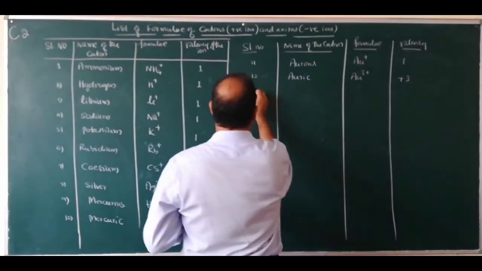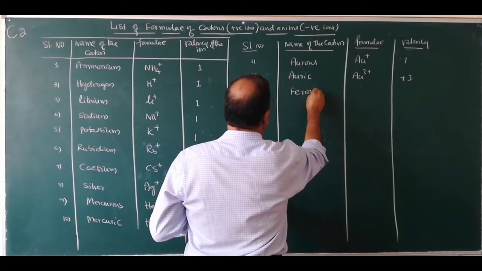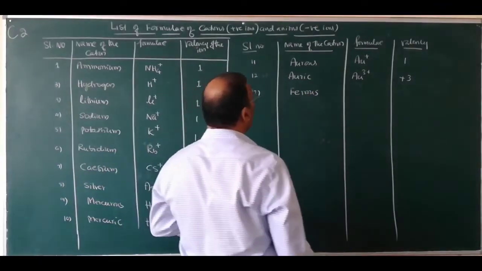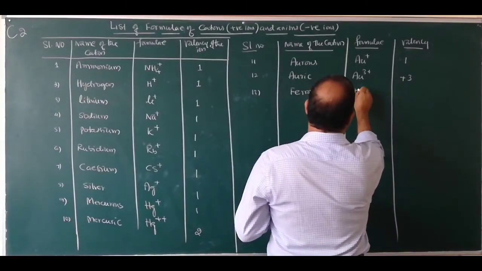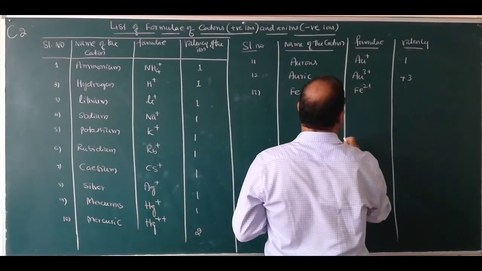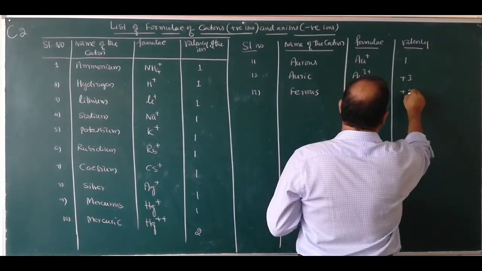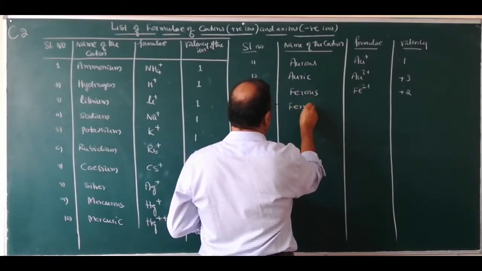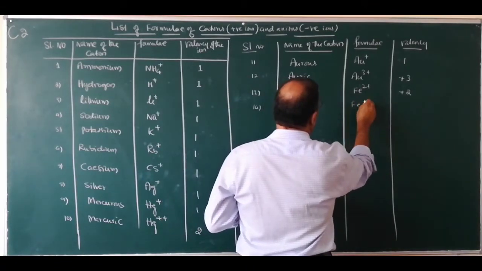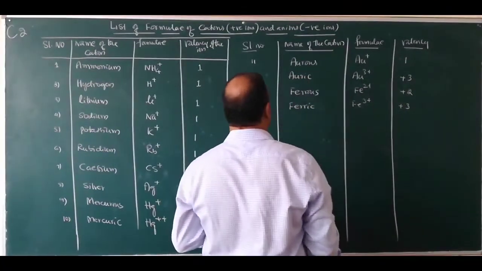And then 13th, ferrous. The chemical name of iron is ferrum. Fe2+, if it is in plus 2 oxidation state it is ferrous, plus 2. And 14, ferric, Fe3+, plus 3 oxidation state.